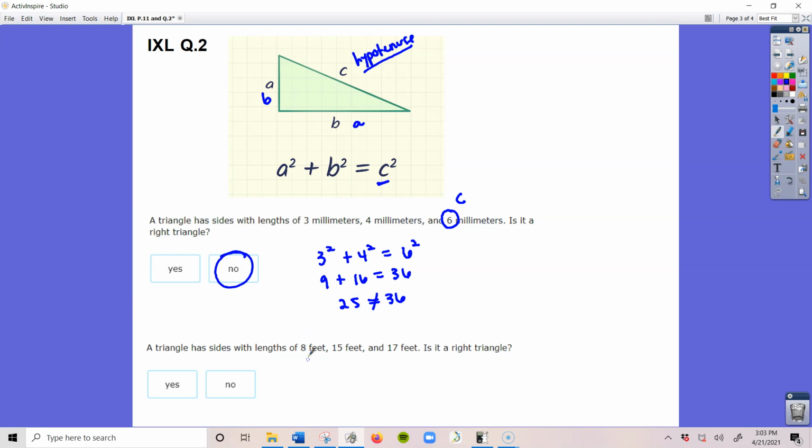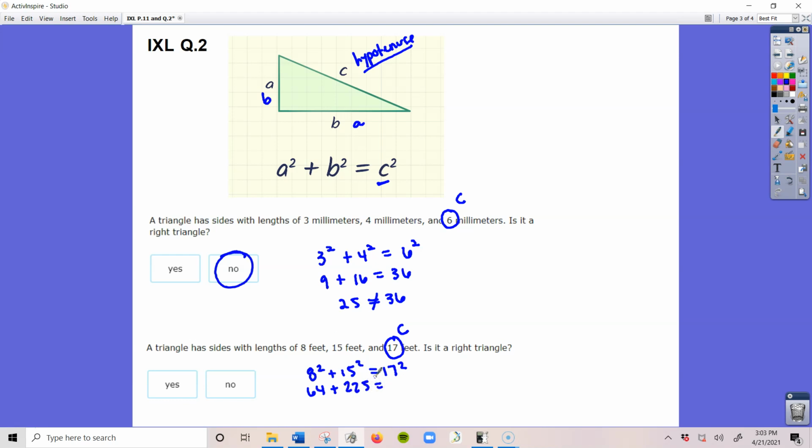triangle. Now for this one, we have 8, 15, and 17, and is it a right triangle? Again, I look for my longest side, and that is C. So we do 8 squared plus 15 squared is equal to 17 squared. 8 squared is 64, plus 15 squared, which is 225.